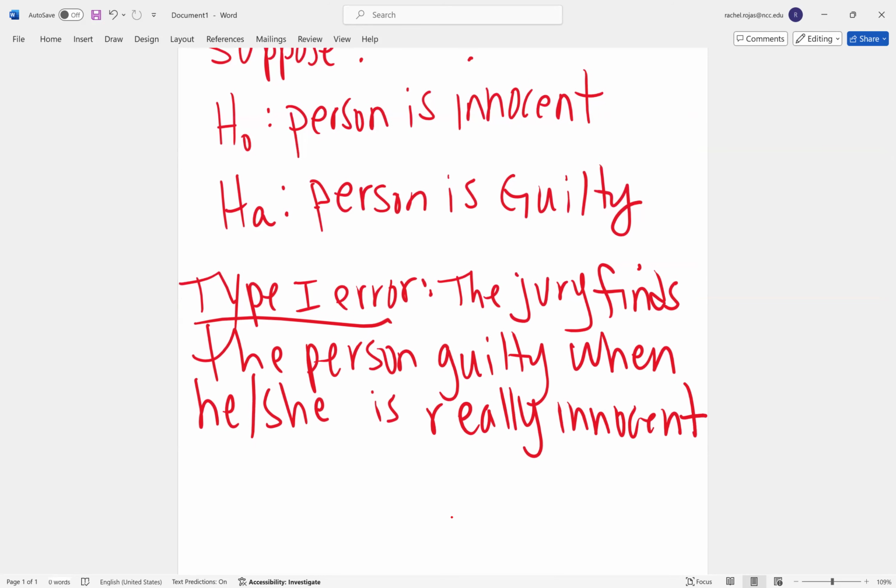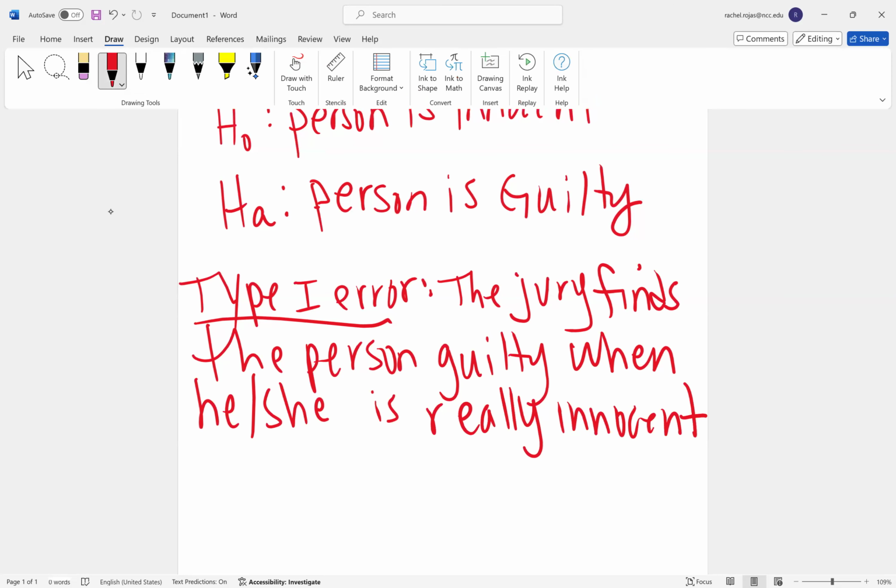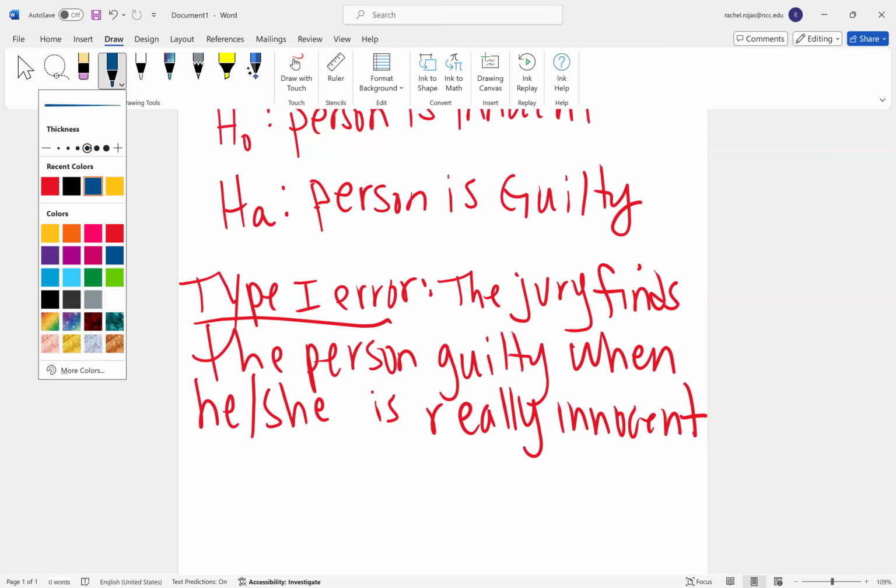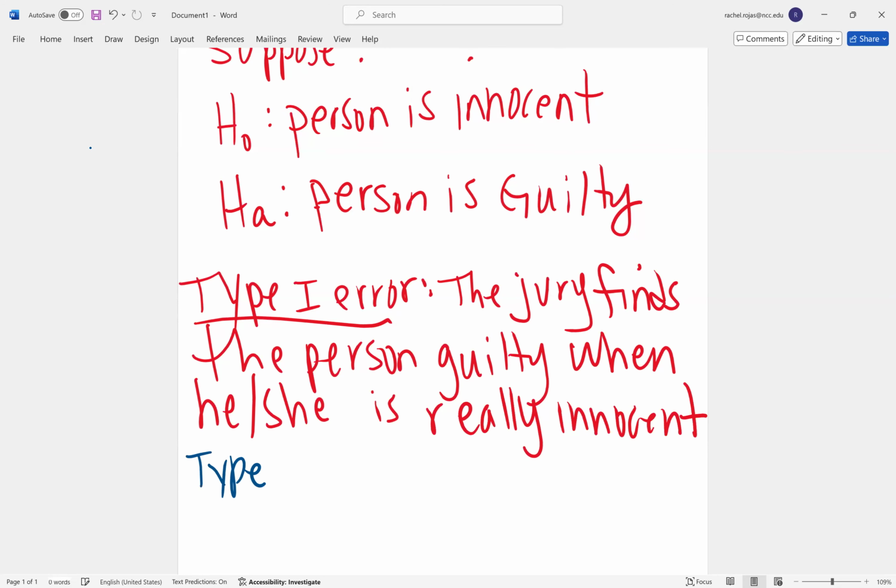And then let's do type 2 error. So a type 2 error is the opposite. So a type 2 error would be if we fail to reject the null when it's false. So we're not going to reject the null. So we're going to say that the person is innocent, but that's really false because the person is really guilty.